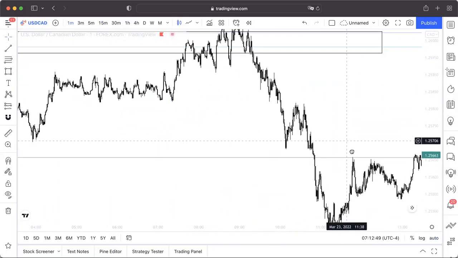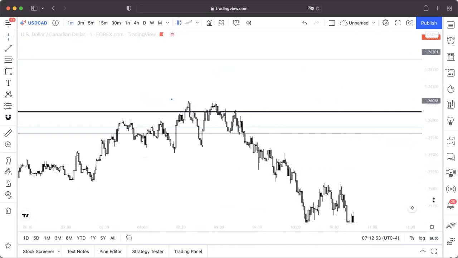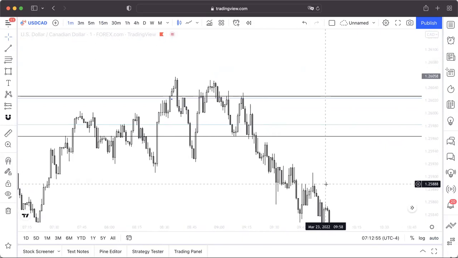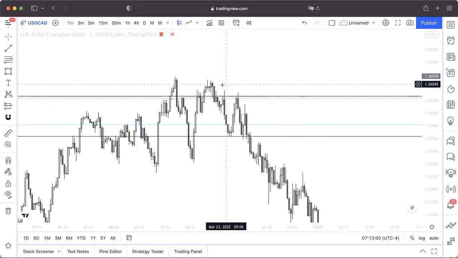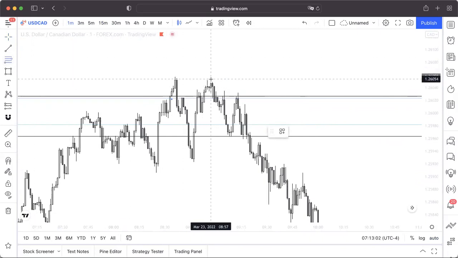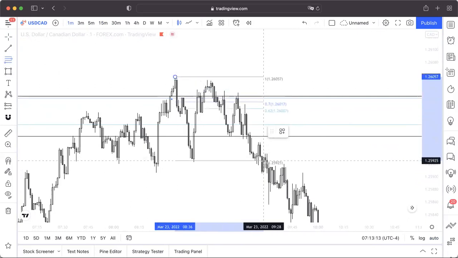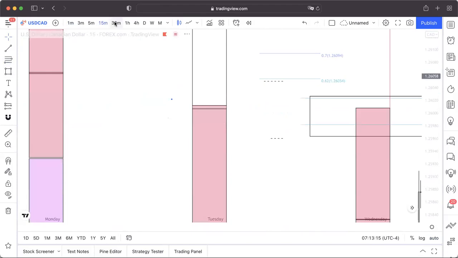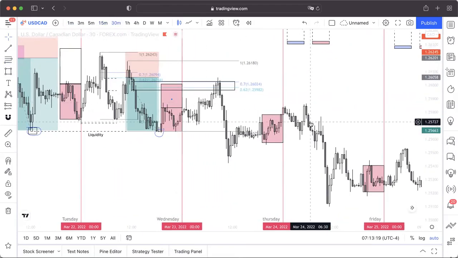So it can become a little bit confusing, but I think if you really follow the structure, you could probably get a trade here. I don't know, probably this one, like 8:30. It's basically creating the high, to be honest. So you might be taking the trade like that. I don't know, but let's not be too hindsight about this and be realistic.